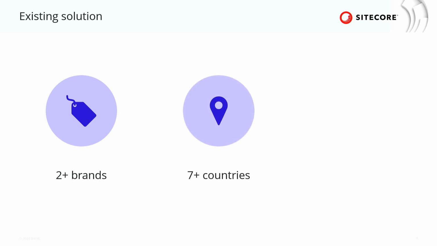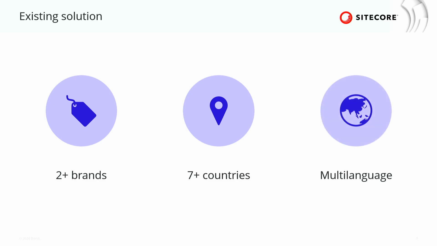Then each brand may contain multiple countries and multiple sites. Basically, it's a one-to-one definition between country and site. So there can be multiple brands, under each brand you may have multiple sites, each site means a country, and for each site we may have multiple languages.